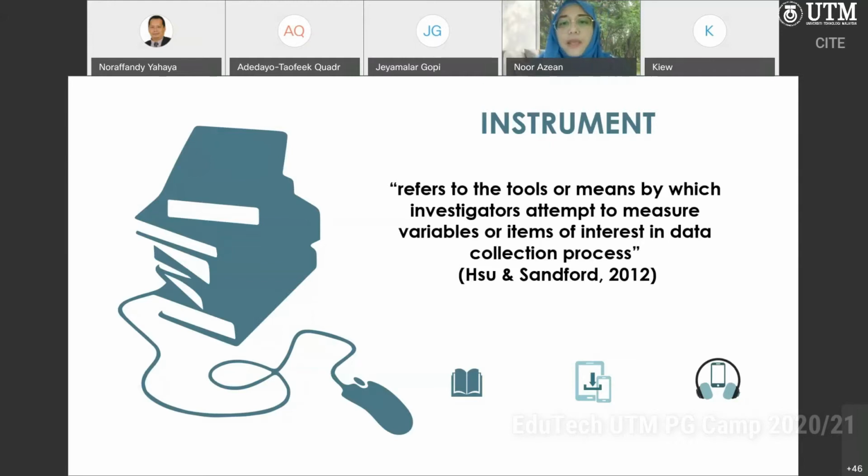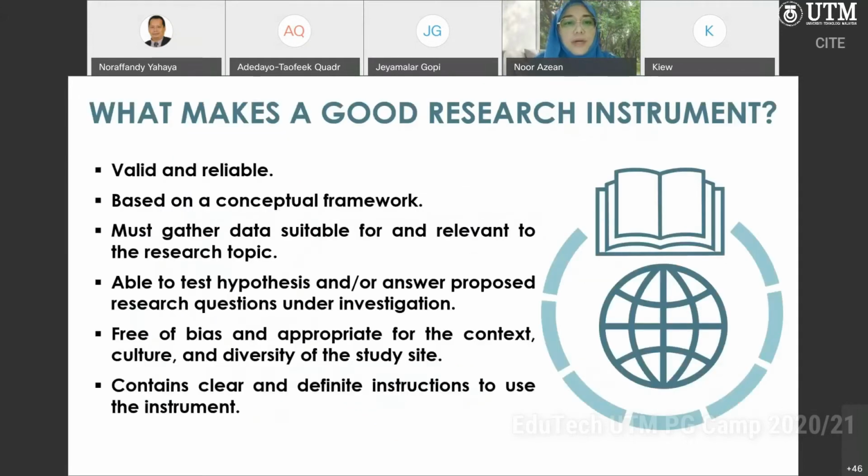Okay, all right. So what makes a good research instrument? Can you think about how we can make good instruments? Most students are afraid of how to adopt or adapt from other research instruments.